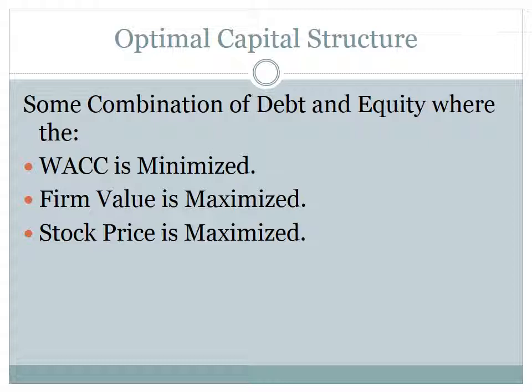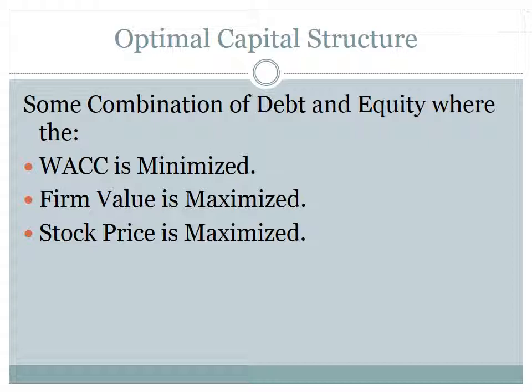So how does all this relate to capital structure? Well, firms will try to find what mix of financing, so what proportion of debt and equity, will minimize our overall cost of capital.